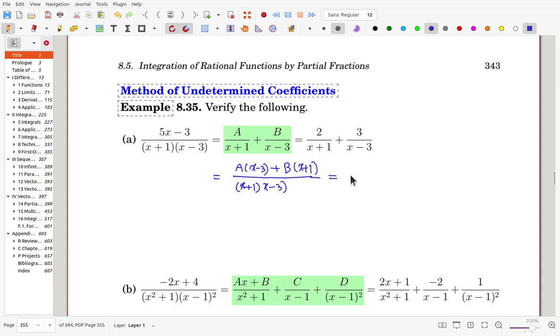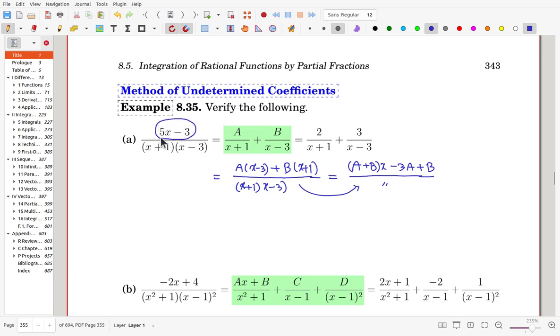Then now the numerator can be written in this way. The coefficient of x is now a plus b, and the constant terms are minus 3a and plus b. And then here the same denominator, right? This expression must be the same as that one.